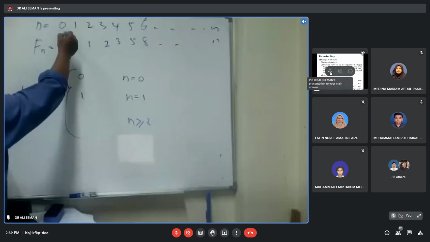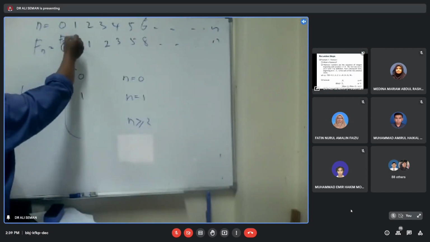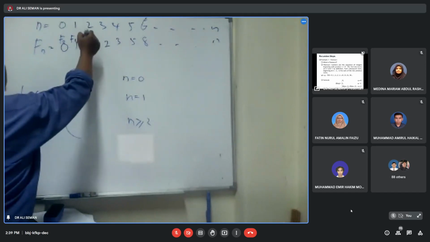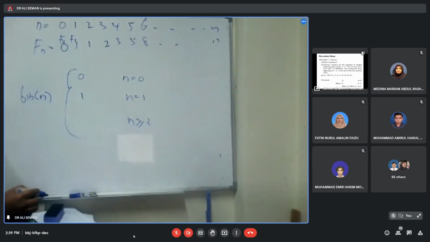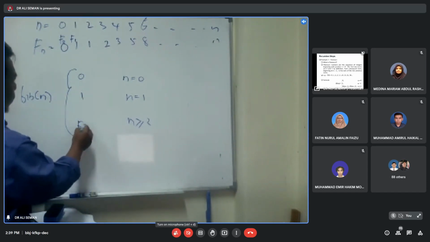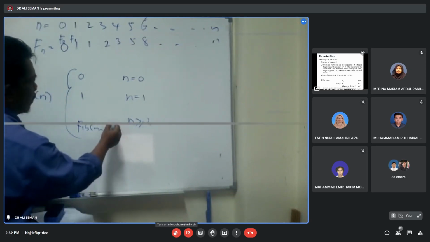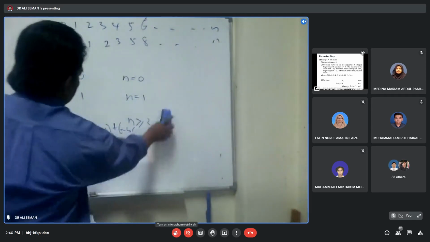This is a pattern, with Fibonacci 0 and Fibonacci 1. The formula is Fibonacci of n minus 1 plus Fibonacci of n minus 2. That is the formula.